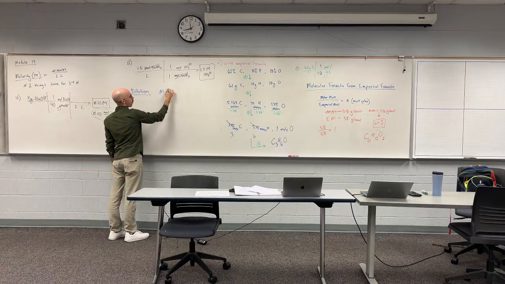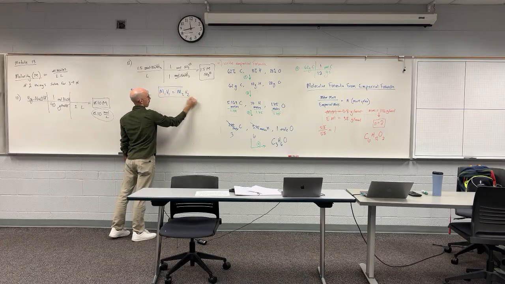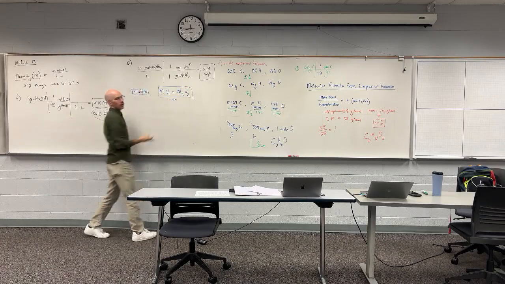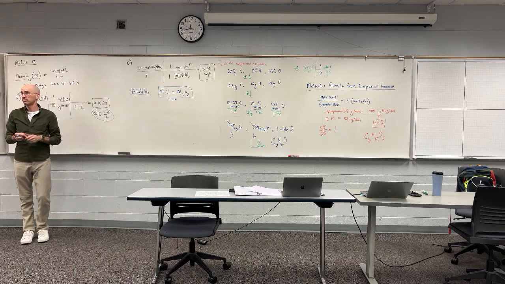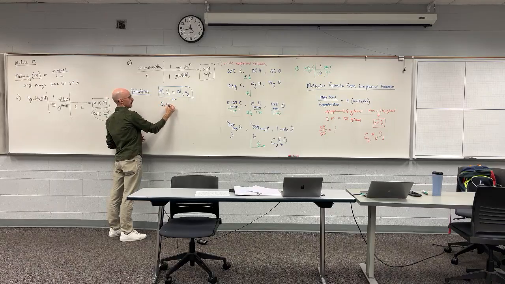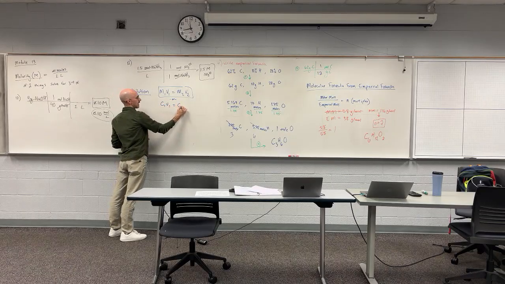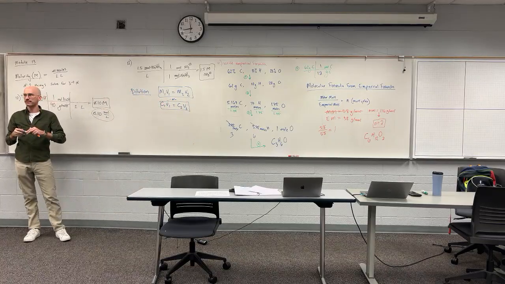Sometimes it's written M1V1 equals M2V2, where M is meant to be molarity. But if you're not working with that specific unit, then you can say C1V1 equals C2V2, where C stands for concentration.